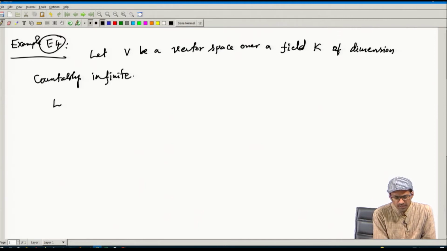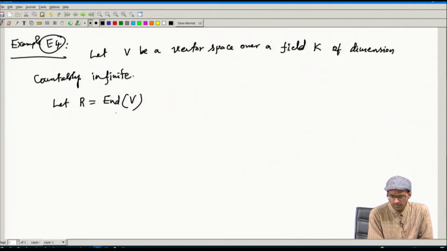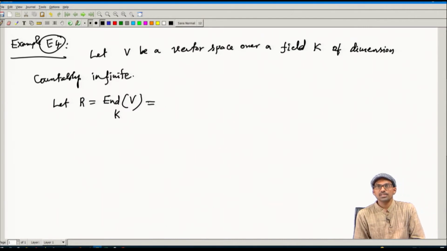Now let me take R equal to End of V over K. This is just a notation.